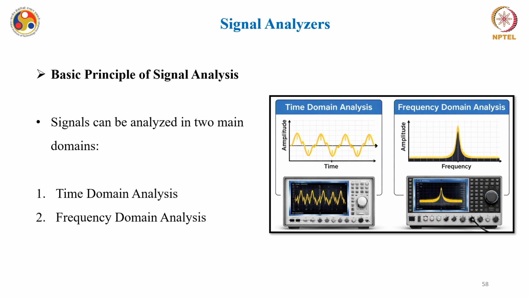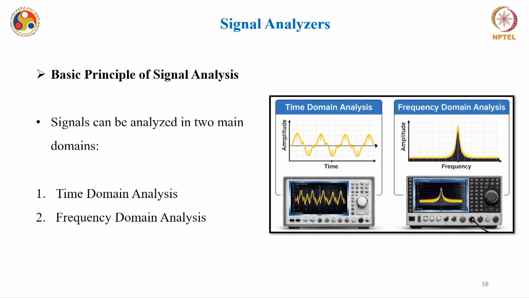A basic signal can be analyzed in two domains. You can analyze it in the time domain as well as in the frequency domain. For the time domain, the signal is observed as amplitude versus time. We have seen in the previous class how we can use oscilloscopes to display time domain signals.